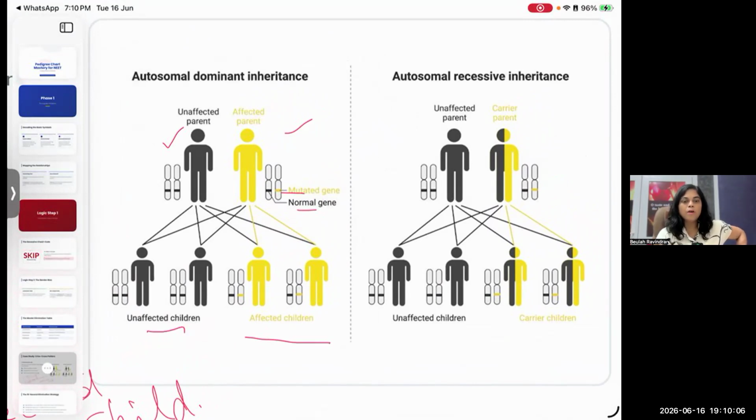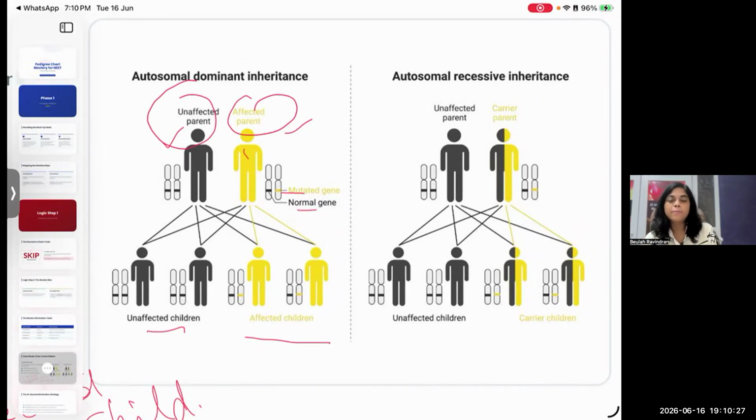So autosomal dominant inheritance means it might be an unaffected parent or an affected parent, and that leads directly to affected children and unaffected children. So this is actually dominant. It is an aggressive trait, autosomal dominant.